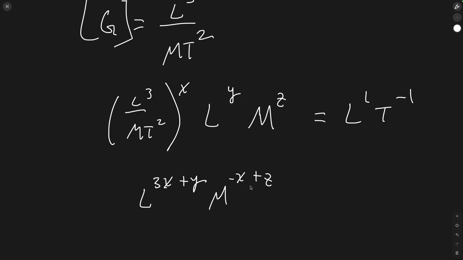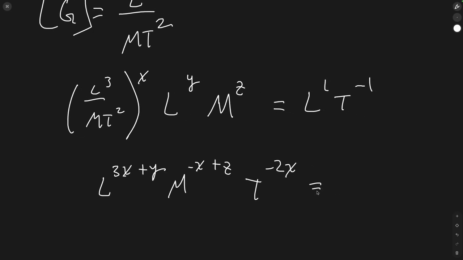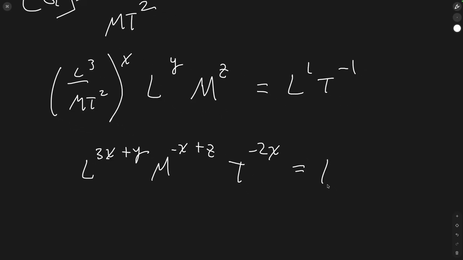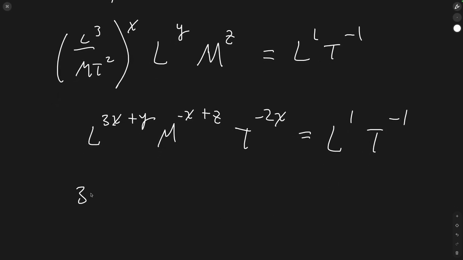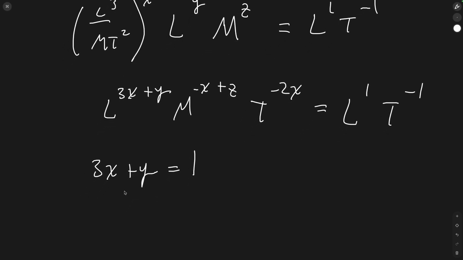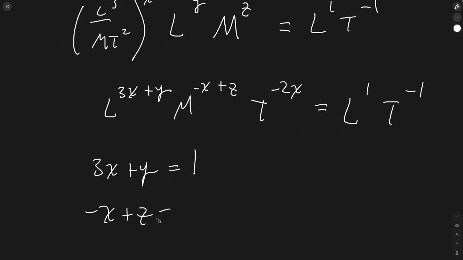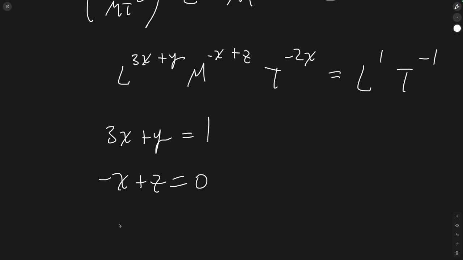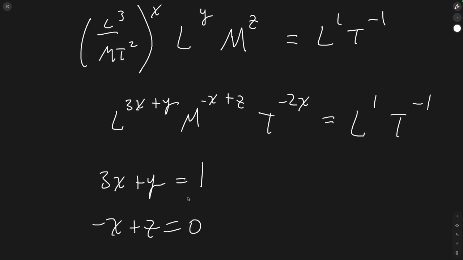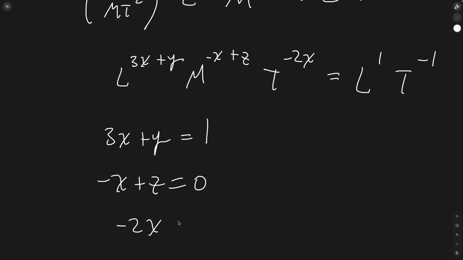And then here we have a t to the minus twice x. This is going to be L to the 1, t to the minus 1. So we see that 3x plus y equals 1. And we see that negative x plus z equals 0. And we see that negative twice x equals negative 1.